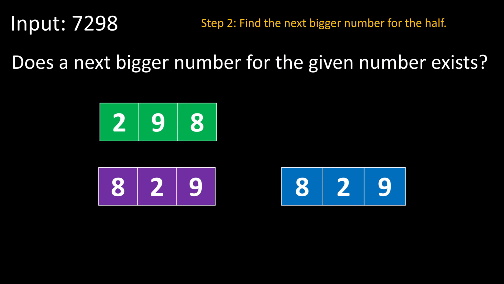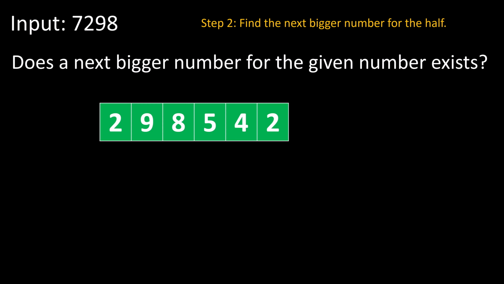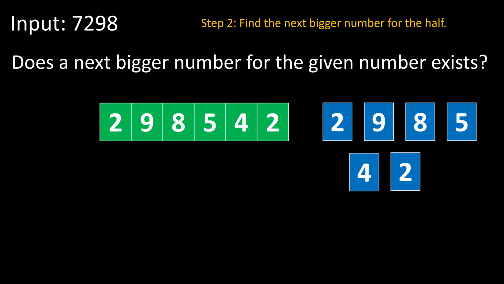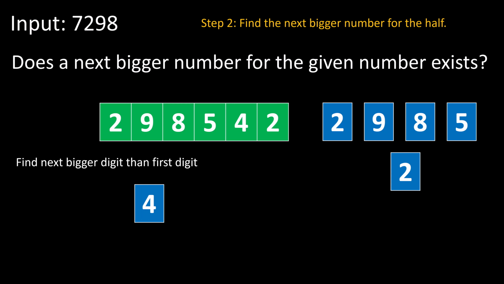This might be confusing, so let's jump to one other example, which is 298542. That's a bigger number, with more digits, and the concept will be much clearer in this. The digits that we have are 2, 9, 8, 5, 4, again a 2. What we were doing is we were finding the next bigger digit than the first digit, which in this case is 4.